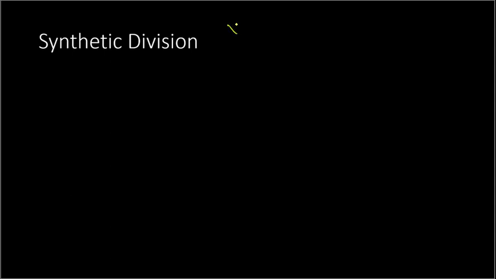So if you're dividing by things like x minus 4 or x plus 6, things like that, synthetic division will be very useful. But if you're dividing by things like x squared minus 4, that's not going to work for synthetic division. If we have, let's say, x squared minus 4x plus 3, that's not going to work either because it has 3 terms. The first one will not work because it has the squared with it.